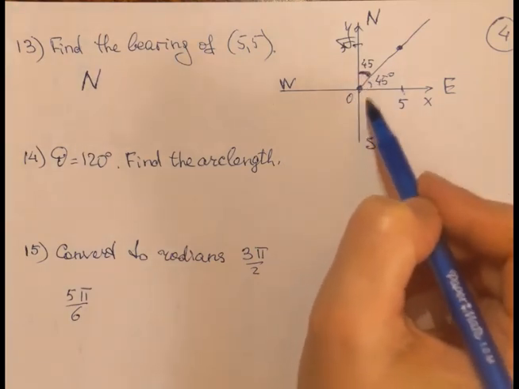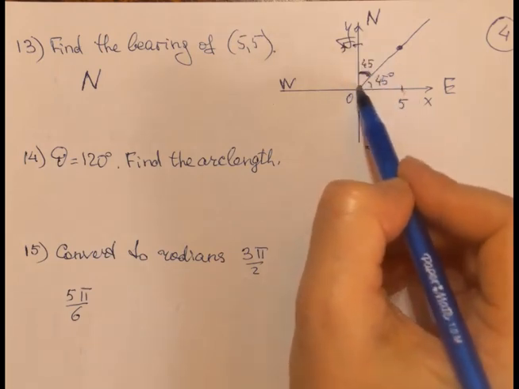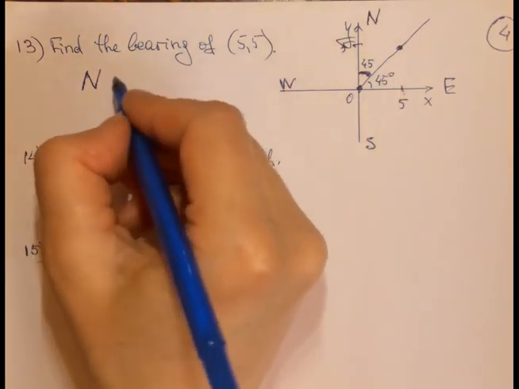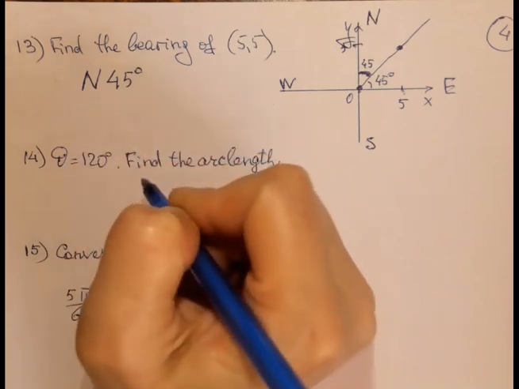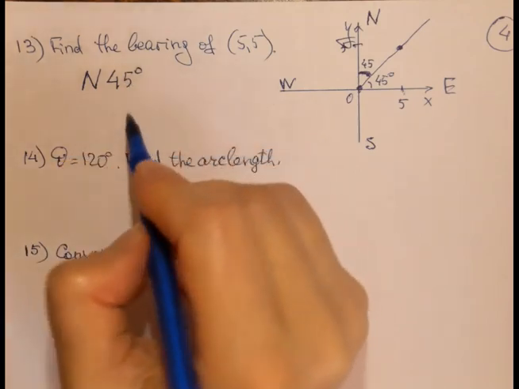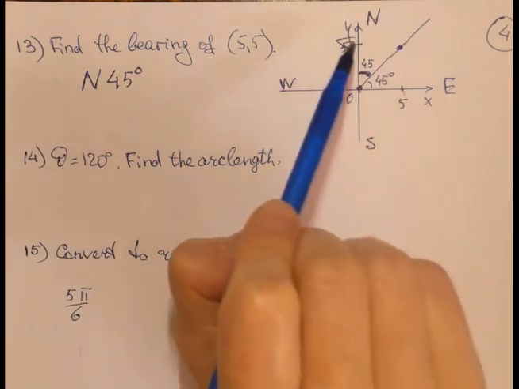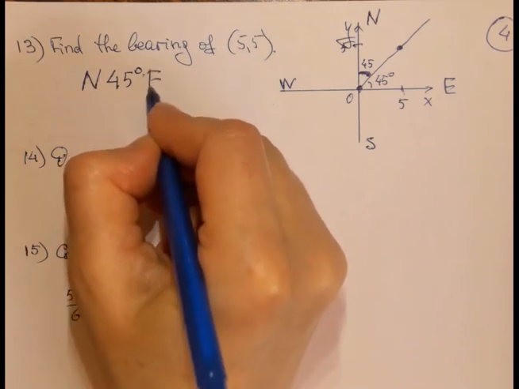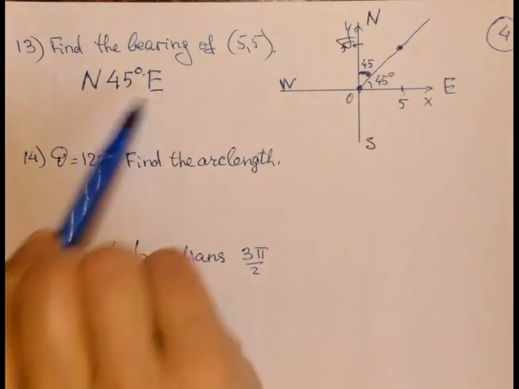In this second method, this must be less than 90 degrees from direction due north to direction due the point in question. So 45 degrees. And then the last letter shows whether it is to the right or to the left, to the east or to the west. In this case, we have east. So the bearing will be north 45 east.